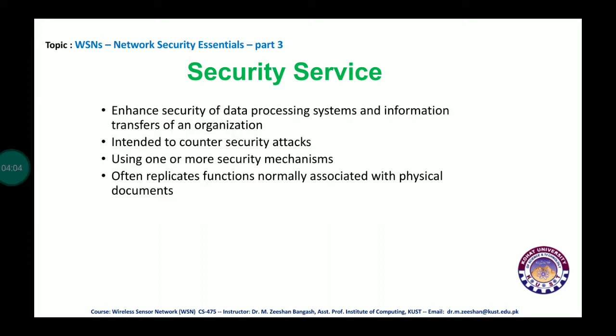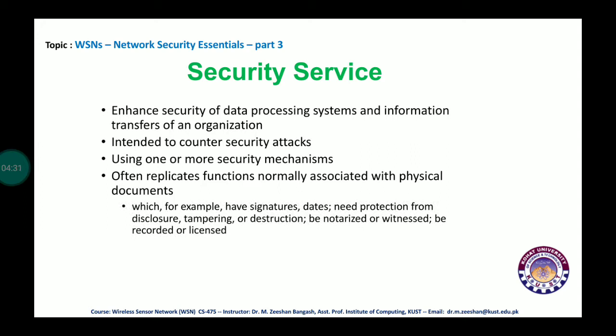For example, if a physical document has a signature mechanism, we try to have a digital signature mechanism. Similarly, for the enveloping of a document to ensure its confidentiality, there is a parallel digital enveloping mechanism. So we try to replicate functions that are associated with physical documents, which have signatures and dates, and need protection from disclosure, tampering, or destruction, or third party witnessing or recording.